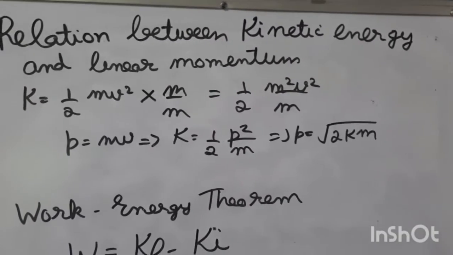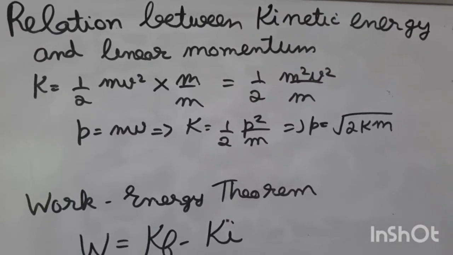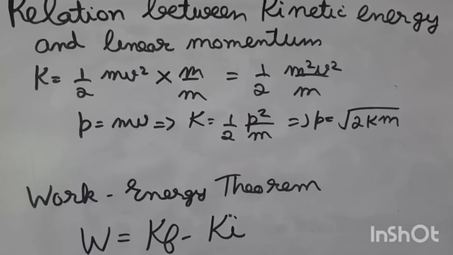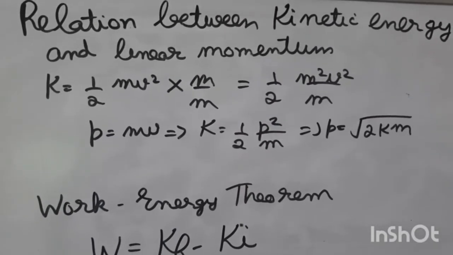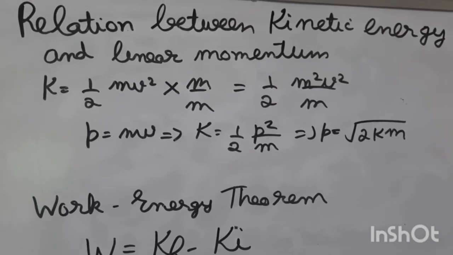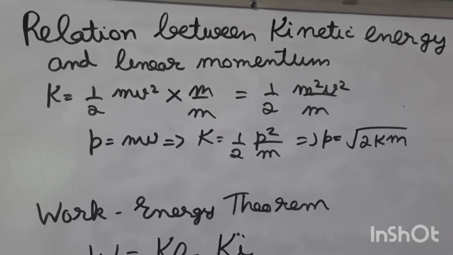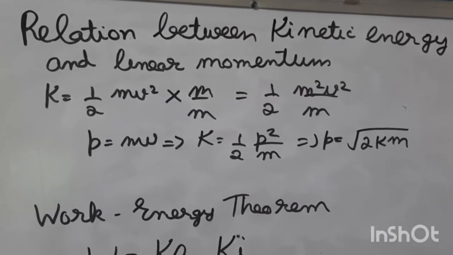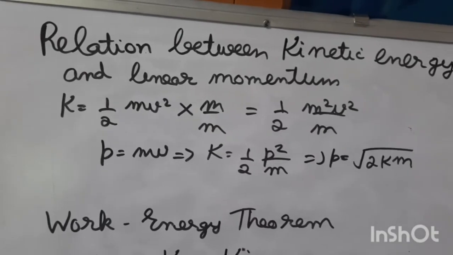Now we will discuss the relation between kinetic energy and linear momentum. The expression for the kinetic energy is given by k is equal to half mv square. First we will multiply and divide this equation by m. We get half m square v square upon m. Now we know that the formula for the linear momentum is p is equal to mv.